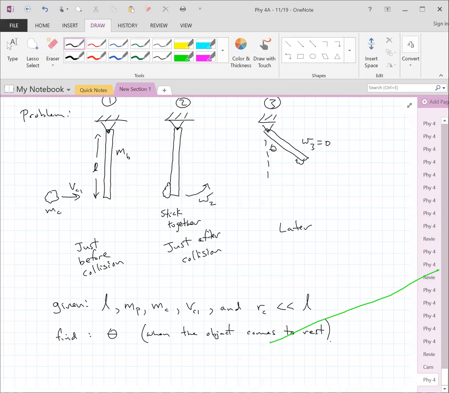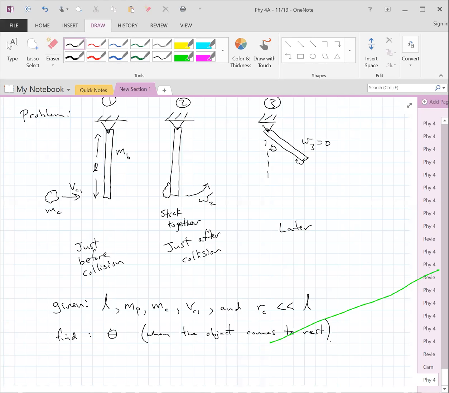Okay, so let's think about this for a minute. Going from the beginning of this problem to the end of the problem using energy, can we do that? No, because we know for sure when these two objects stick together that it's an inelastic collision.